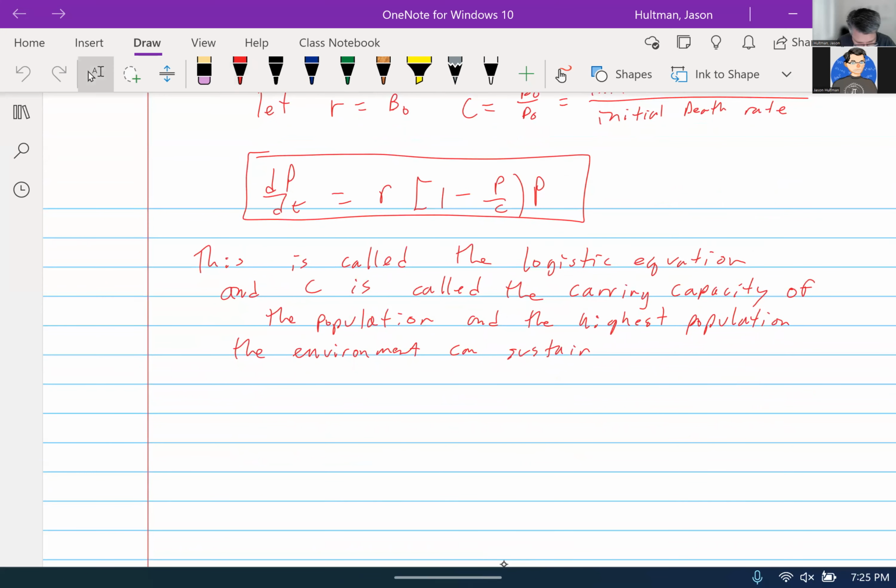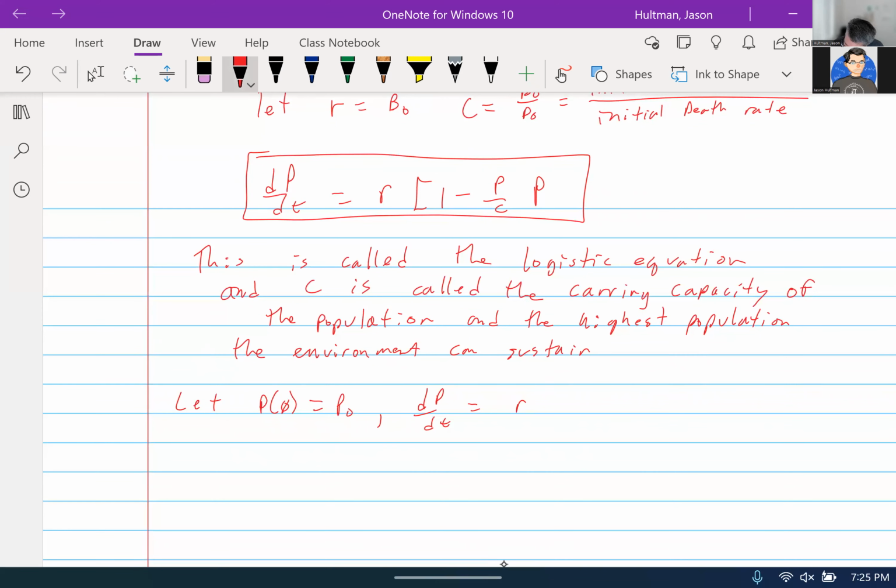Okay, so let's think about solving this differential equation and how we might go about it. We're going to let P sub 0, or P evaluated at 0, equal P naught, and dP/dt equal my new differential equation.